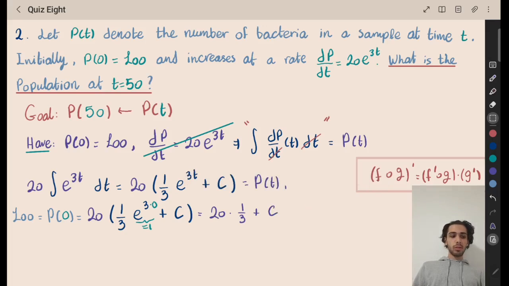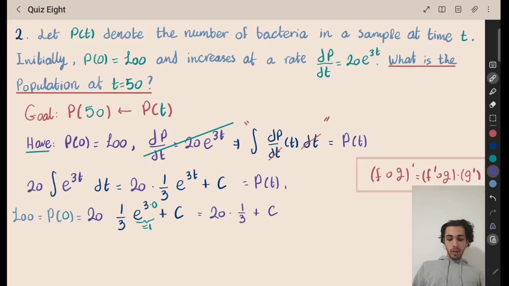But I'll be careful here to also indicate this here. Because if I don't, then there's a problem. 20 times a constant is just a constant. So, this is what I have.